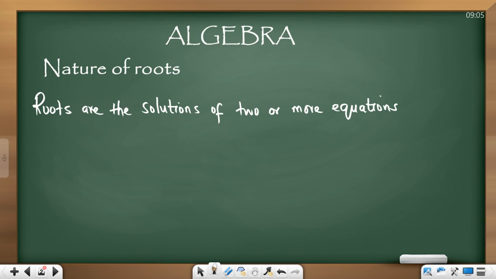I'm going to extend it from what you know in grade 11. I'm going to go a bit deep here. Roots are the solutions of two or more equations. Graphically, we refer to the point of intersection.